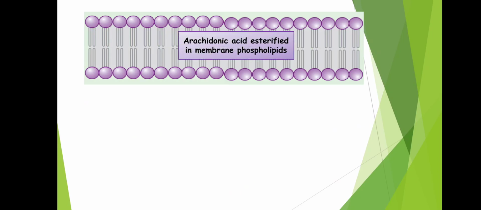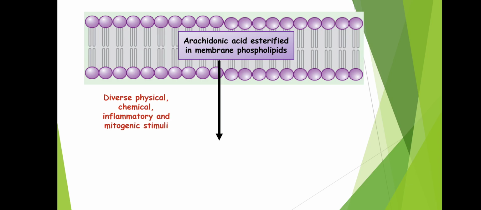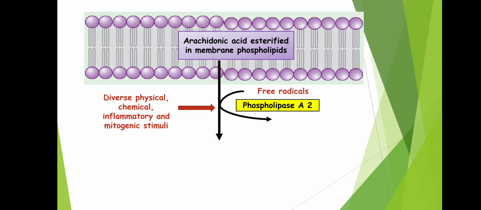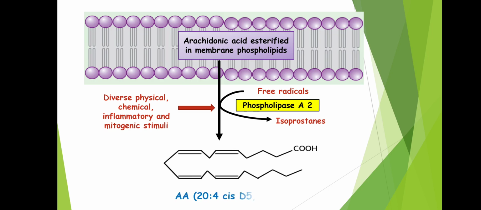So basically this arachidonic acid is esterified in membrane phospholipid and we need to mobilize it. So stimuli such as diverse physical, chemical, inflammatory and mitogenic stimuli will cause activation of the enzyme phospholipase A2. Next, free radicals get converted into isoprostanes, causing the release of the arachidonic acid.